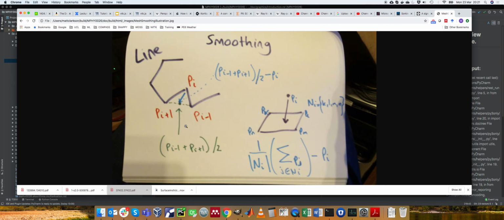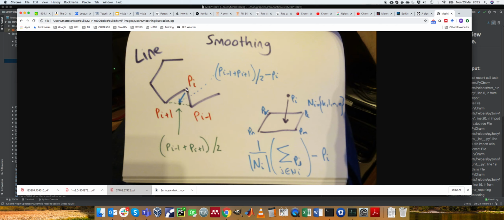So if you look at this diagram now of smoothing, these Stanford notes make quite a good point that it's easier to understand in 2D than it is in 3D. So we start off with this line diagram. Imagine you have this line here written in black, and you're debating how to process this point Pi here. If you're looking from the inside of the curve, to the right is Pi plus 1 and to its left is Pi minus 1.